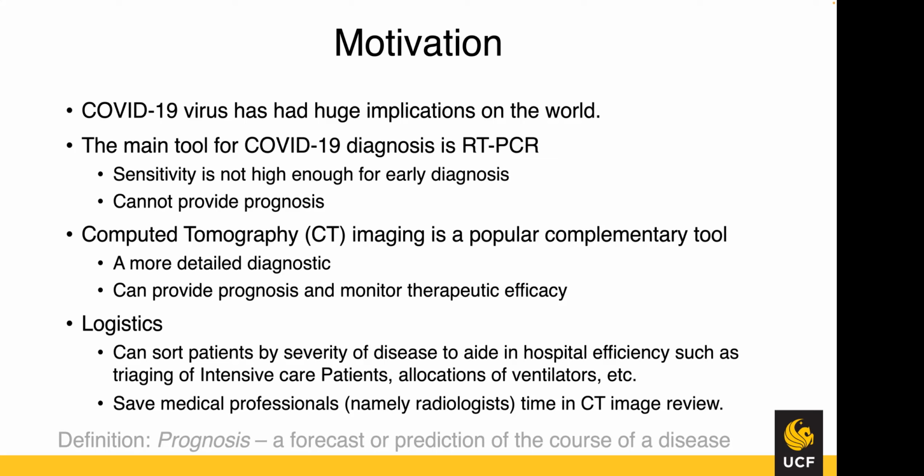So this is really useful, especially for the logistics of the hospital. You can effectively triage patients who are more severe and need to go to the ICU, or get a clue of how many ventilators you're going to need soon because you just got some patients in that are really bad.